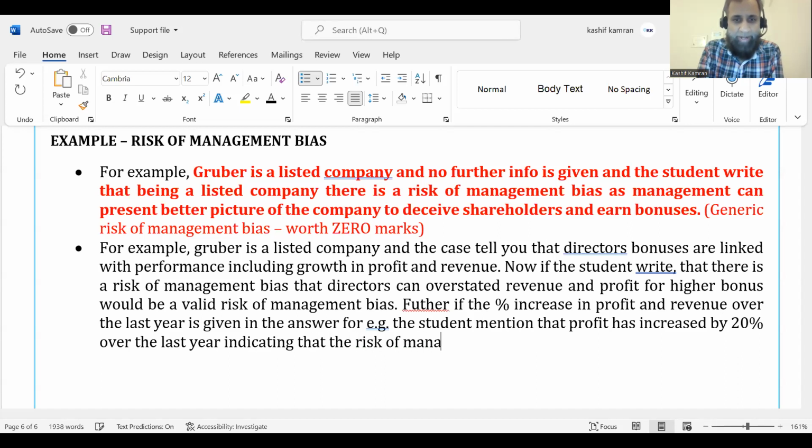Risk of management bias exists is a good answer. So you connected that with the case study, right? You connected the rise with the profit.